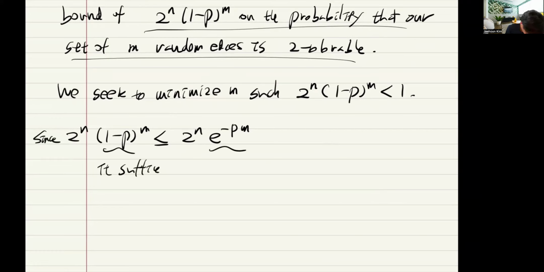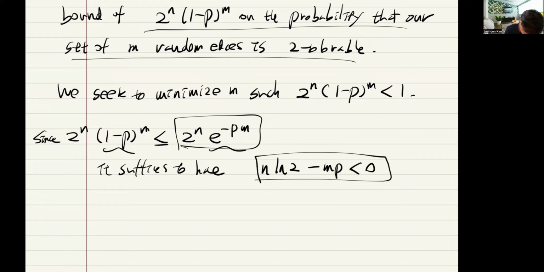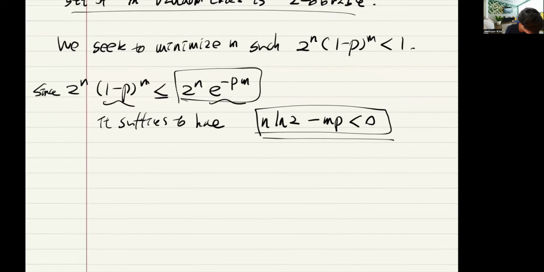It suffices to have what? This one is more than 1, which is the same as, if you take the log, n log 2 minus mp is more than 0. So if we have this, then that's sufficient.